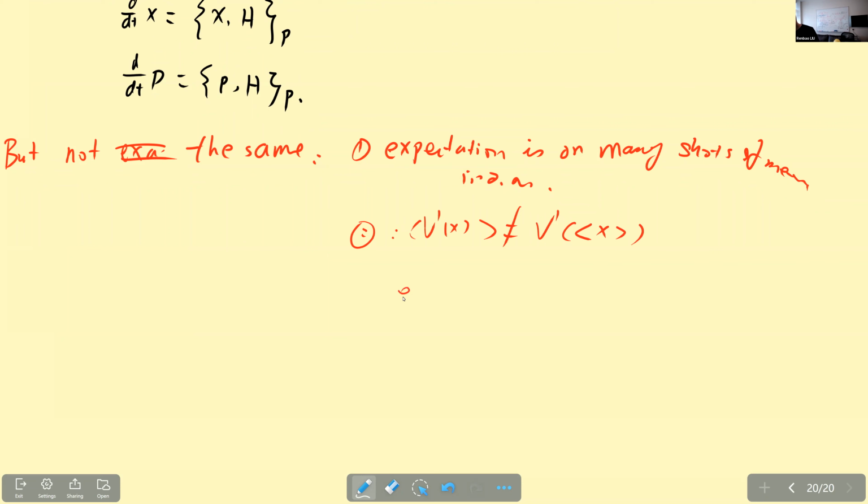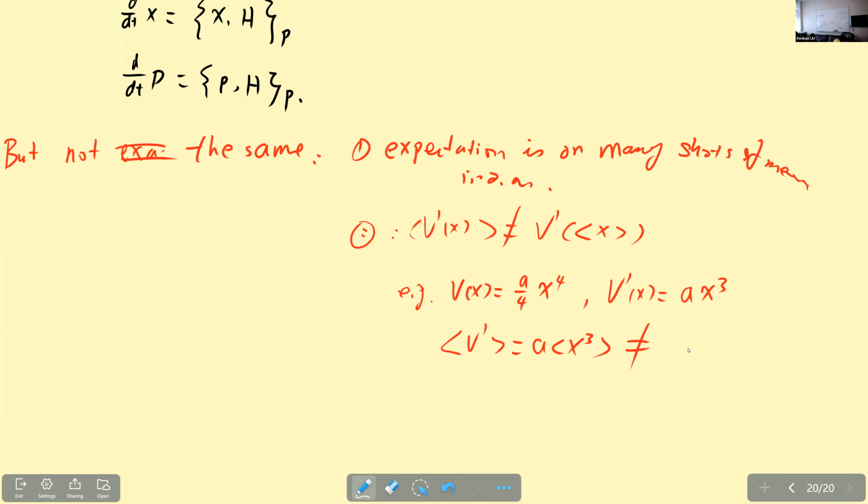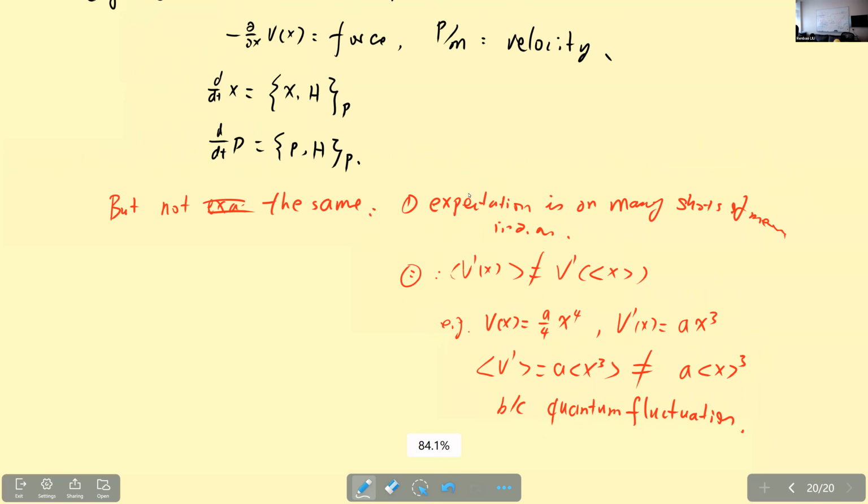For example, if V(x) equals a over 4 x to the fourth power, then V prime of x equals a times x cubed. And the average of this V prime equals a times the average of x cubed, and this does not equal a times the average x cubed, because of quantum fluctuation. So that is an important difference between this quantum evolution and the classical evolution.